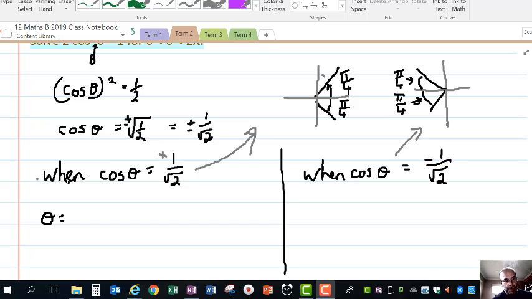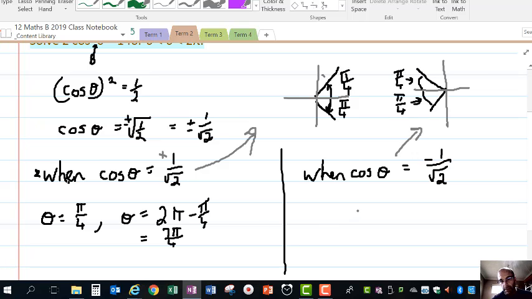For the positive case, pi on 4 is an obvious one, and then we've got 2 pi take pi on 4, which equals 8 take 1 is 7 pi over 4.